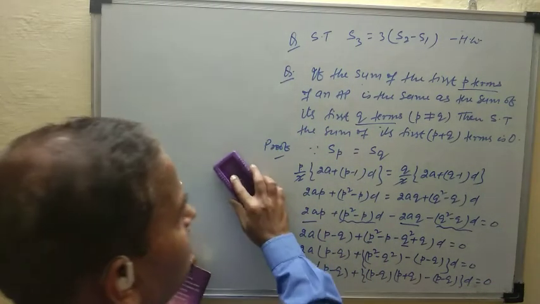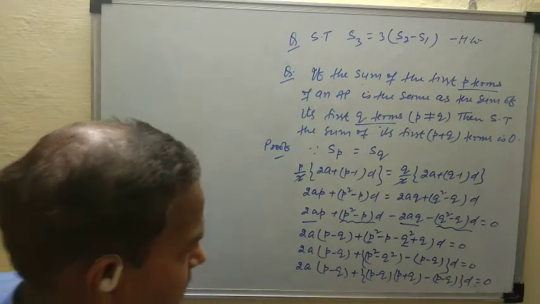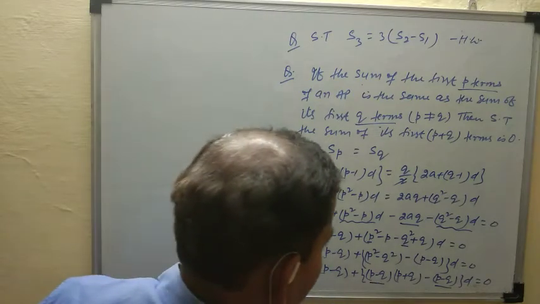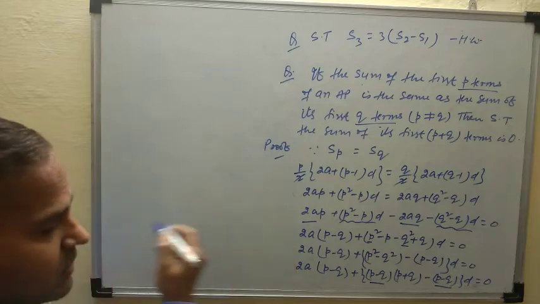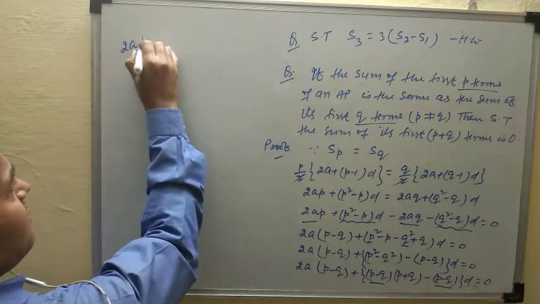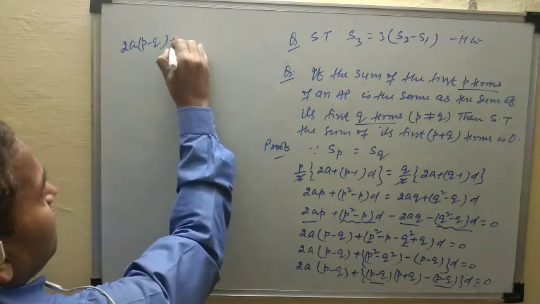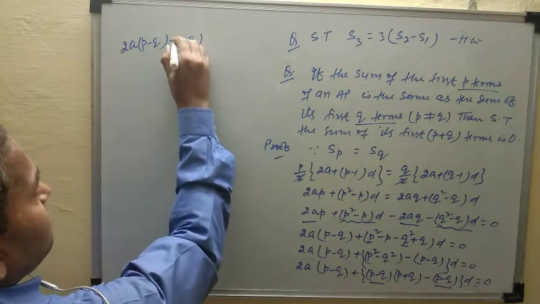Now taking common: what is common? Here p minus q is common, so taking p minus q common, 2a into p minus q, and plus p minus q common.